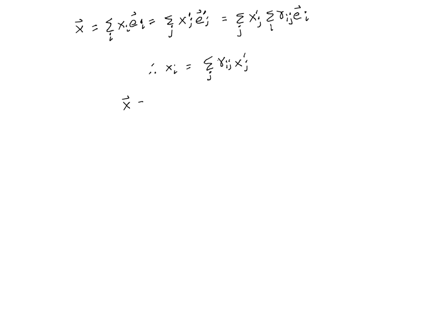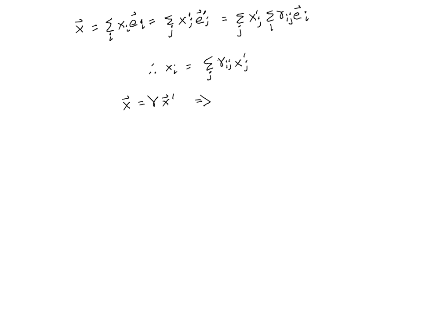And so we can also write this as just x equals gamma x prime, which basically means that we have this transformation matrix that transforms from one vector to the other.